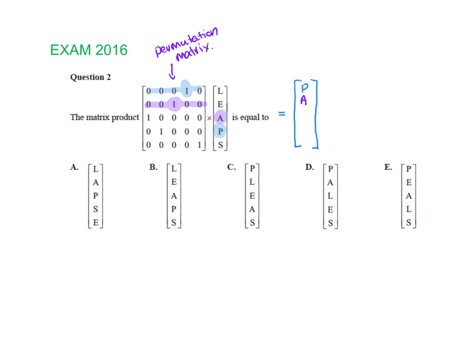The next one, the third row, the 1 is on the first letter, so then the L is going to show. Okay, and then I'll keep going. This is the fourth line. The 1 is on the second, so E is going to show, and then we've got S left, and that makes sense. It's both on the last. So our answer to this question is D.